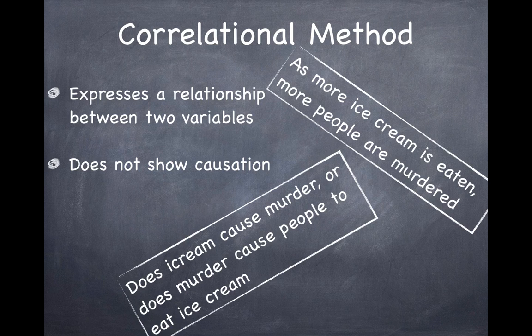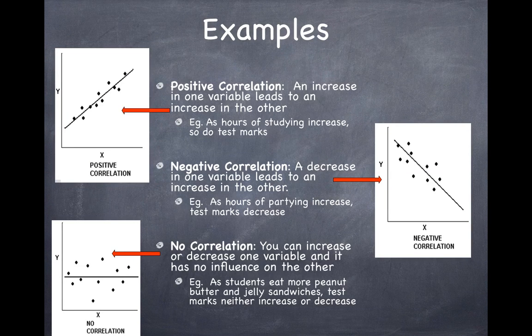Now, I'll try to give you some brief examples here. There's a positive correlation, a negative correlation, and no correlation. And you see the three diagrams. In a positive correlation, an increase in one variable leads to an increase in another. As the hours of studying increase, so do test marks.